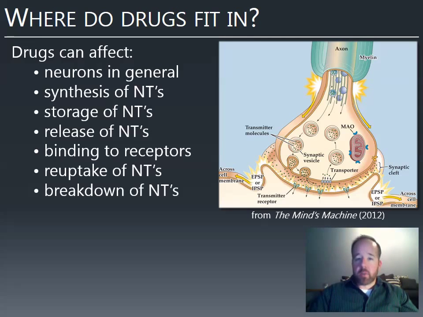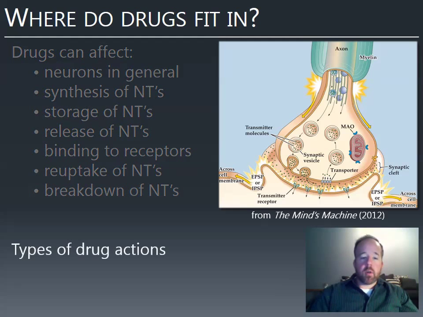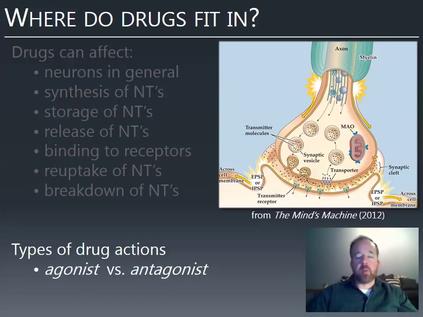So there are all these ways for drugs to work, and there are different types of drugs and different ways of describing them. One of the big distinctions is made between agonists and antagonists. An antagonist, just like an antagonist in a story, is something that works against the normal action of, in this case, a neurotransmitter.